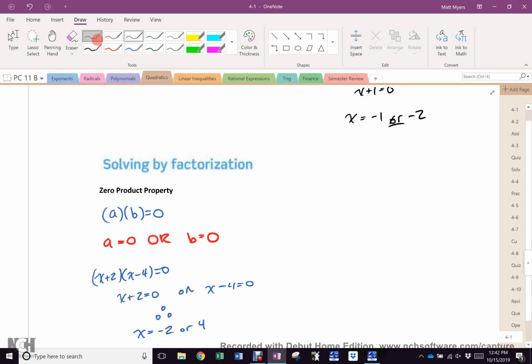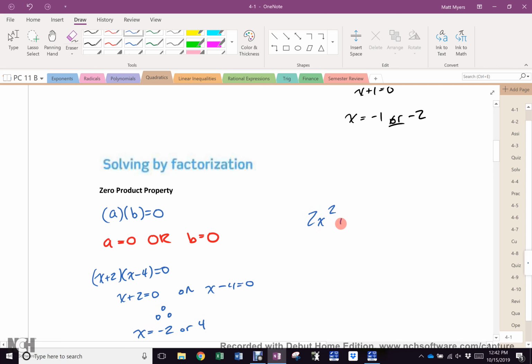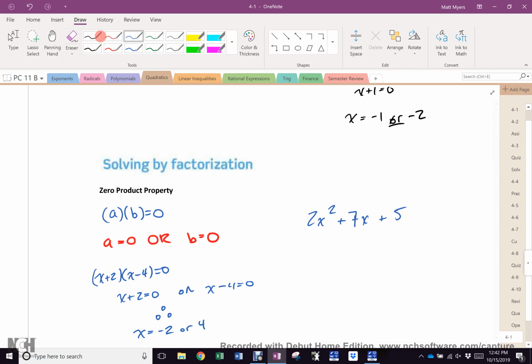So, if I give you something like this, 2x squared plus 7x equals 0. What would you do? If it was not grade 11, this wouldn't be there. So what would you do with that? You would factor it in whatever way you like to factor.